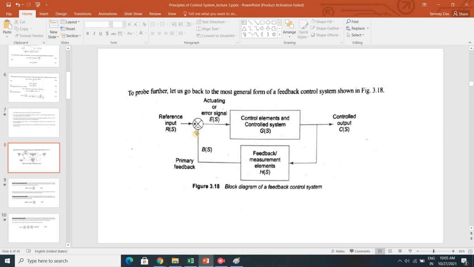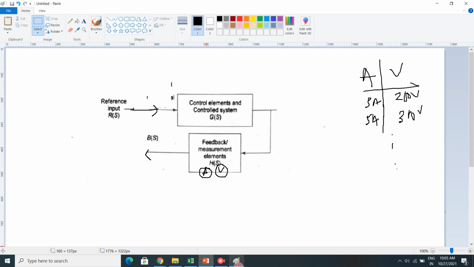Basically our figure is the same, but I don't want this feedback signal to enter the summation point and create an error signal. I just open this. If I open this, the system will look like this. In this case, this is an open loop system. Since the feedback is not connected to the summation point, it is not a feedback anymore.